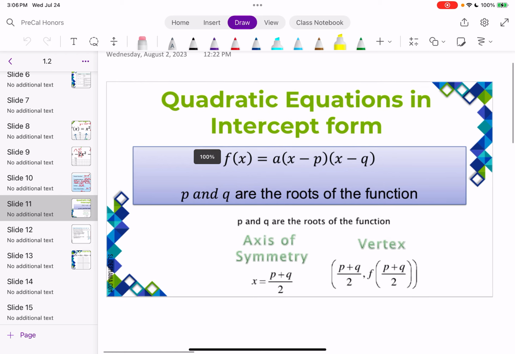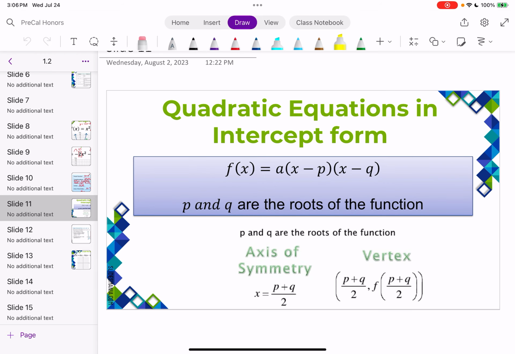In slide 11, we start taking a look at intercept form. Here we have f of x is equal to a times (x minus p) times (x minus q). In order to find our vertex and our axis of symmetry, we need to realize that we may have to work in a different order than constant, vertex, to axis of symmetry.